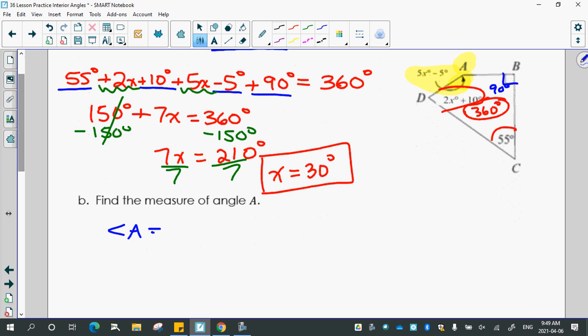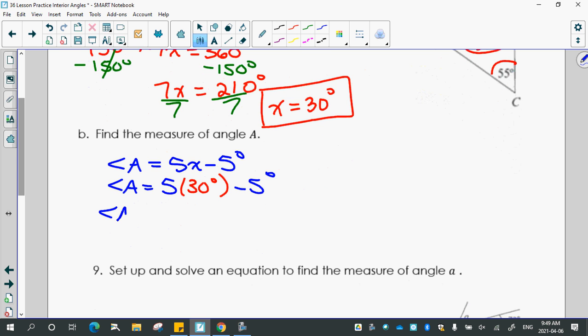So angle A is 5x minus 5 degrees. Good. So replace x with 30 degrees. Perfect. So angle A is 150 degrees minus 5 degrees, which is 145 degrees. Perfect.